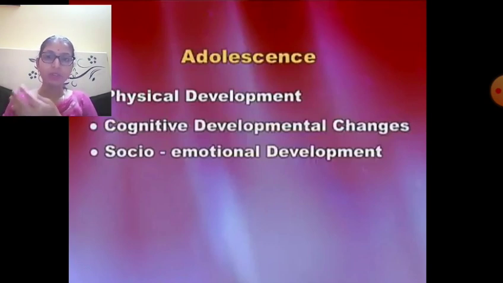How the chemical changes of hormones develop interest in the opposite sex, and so much confusion, interest and curiosity in this period. We discussed many things. After that we started cognitive development, and in cognitive development there are so many concepts which we just discussed.